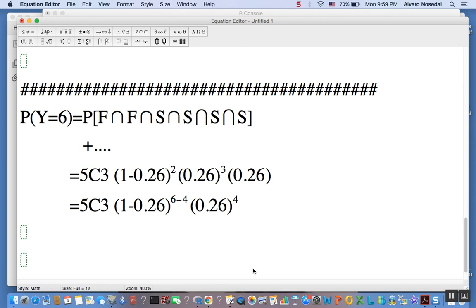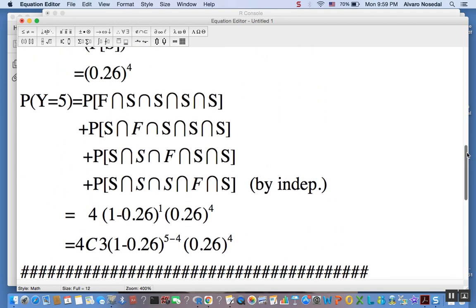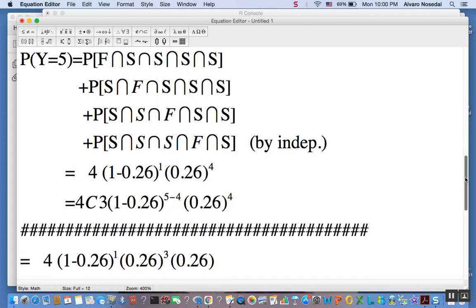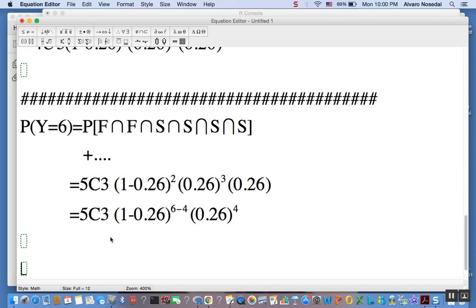Okay, so now let's see. When y equals 5, then we have 4 choose 3, (1 minus 0.26) to the power of 5 minus 4, 0.26 to the power of 4. Now that we have 6, it's 5 choose 3.